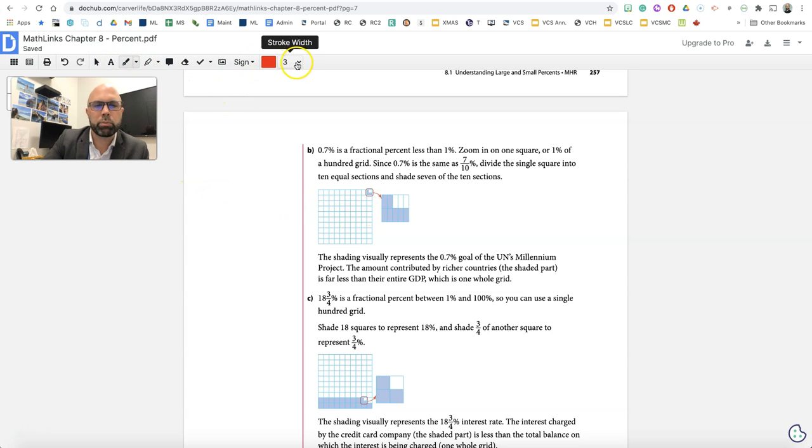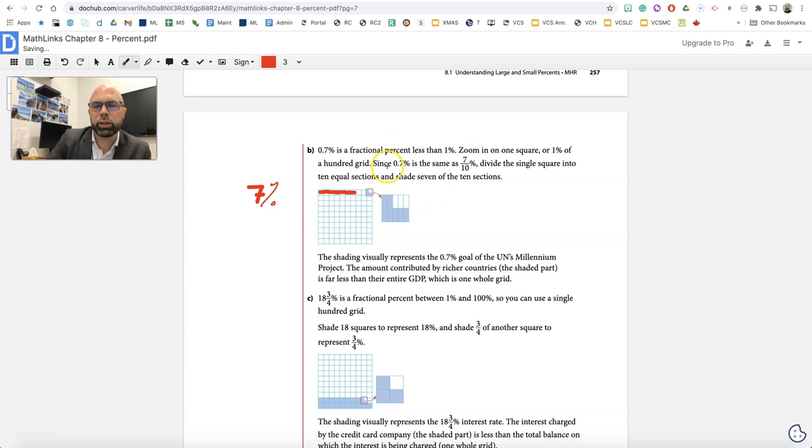Can I increase my little marker here? If I color in, oh, that's perfect. 4, 5, 6, 7. If I color in 7 cells, that equals 7%. Now I want the small marker again. 7%.